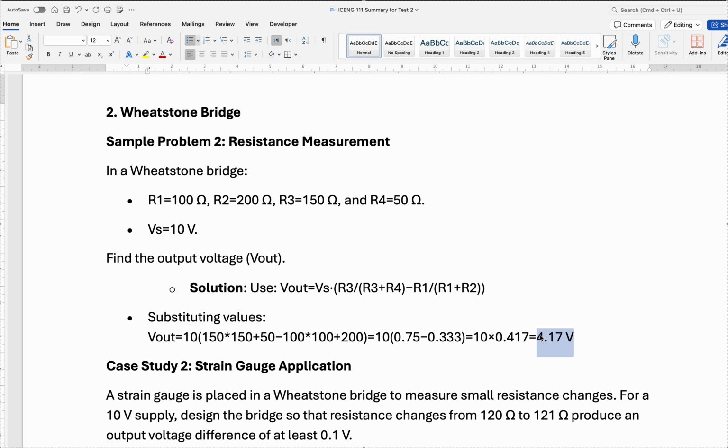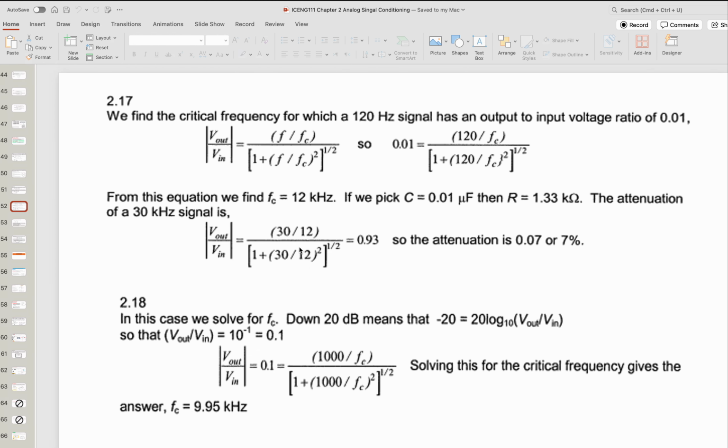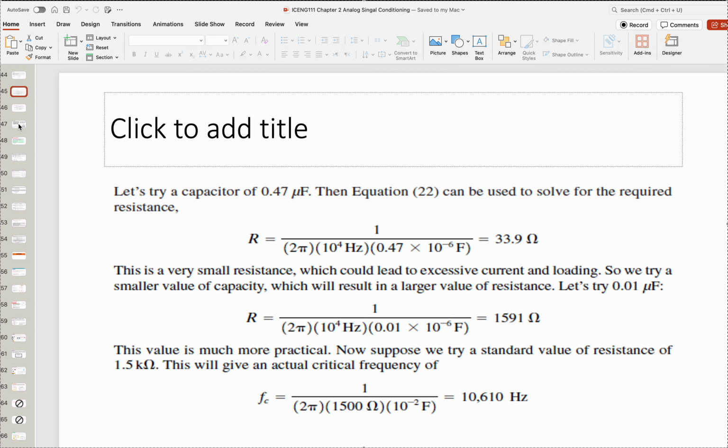It will have a certain kind of voltage. Why? Because the resistance changed due to the change in temperature, for example. Okay. In this case, this is just a direct substitution. I have R1, R2, R3, R4, and you're going to substitute it in this equation, in which you're going to find the answer. Now, going back, looking at the Wheatstone bridge.